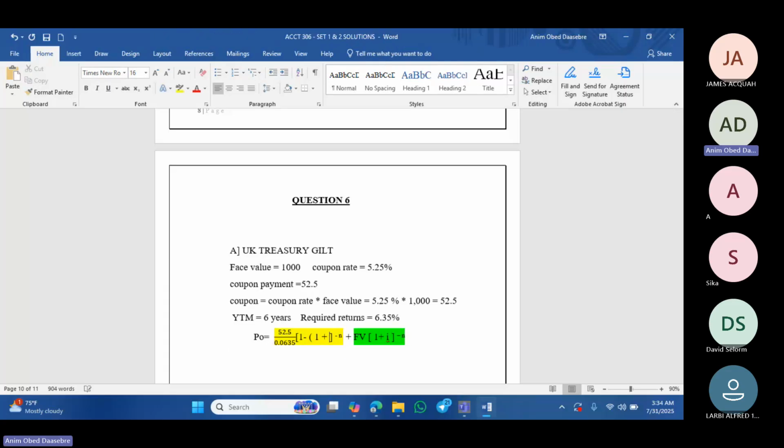Then come here to the I, 0.0635. And the years is 6 years. Future value is also 1,000.